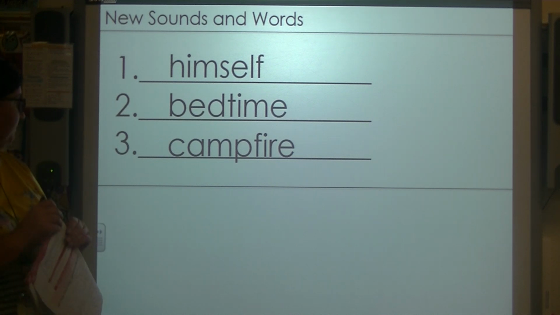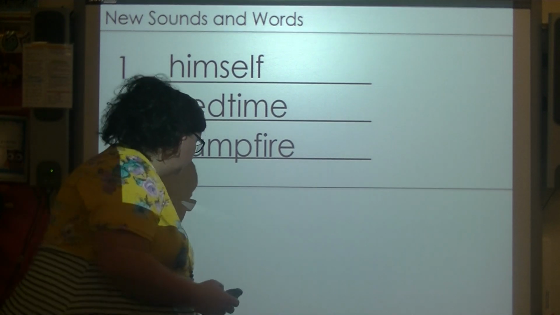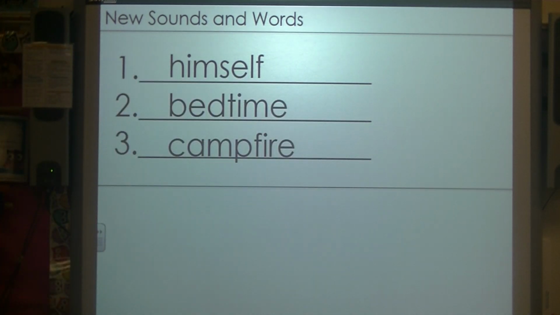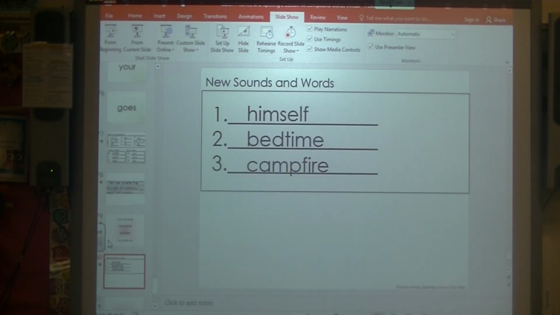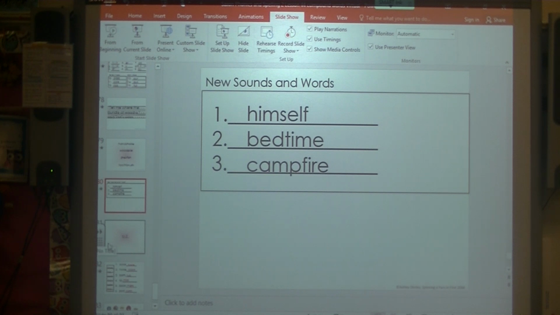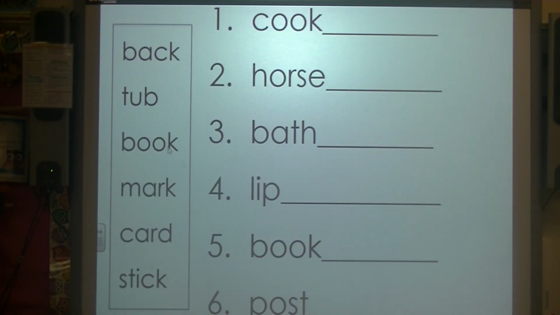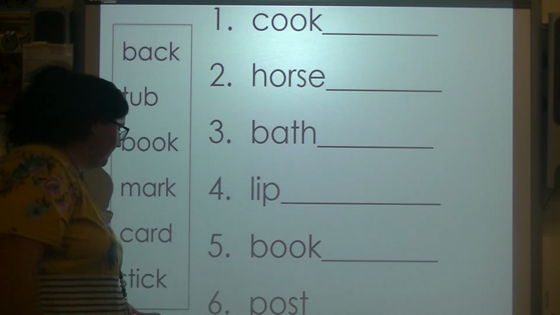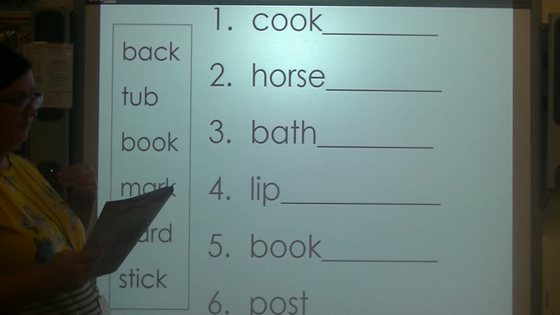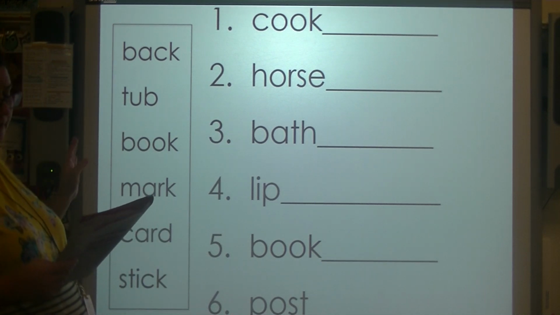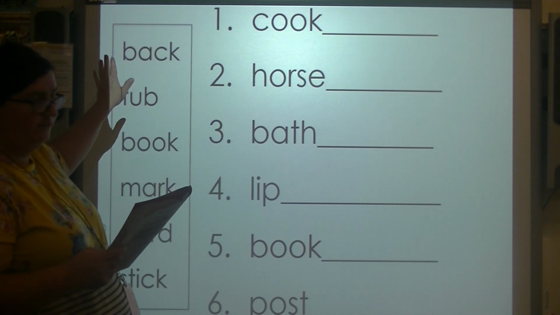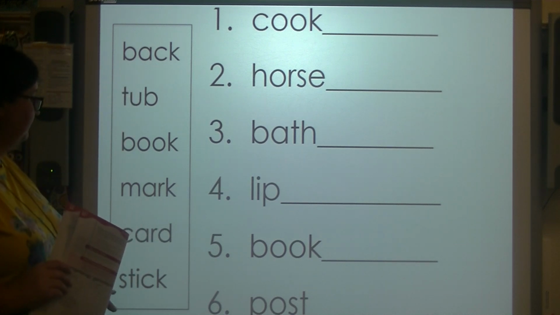You can turn it over. At the top, you have a word bank.